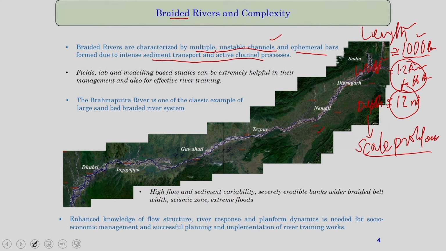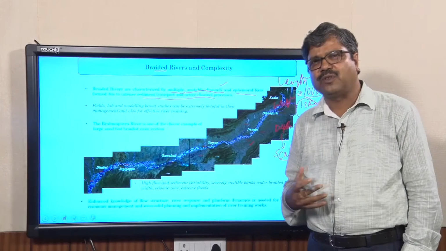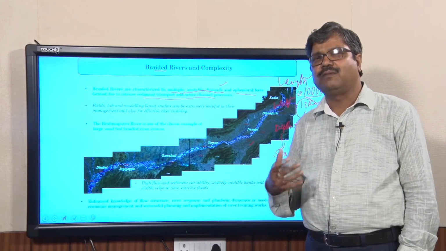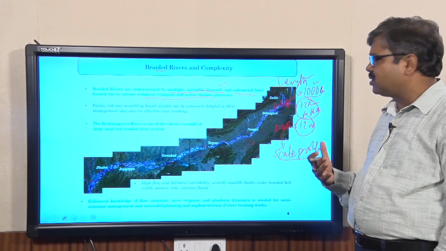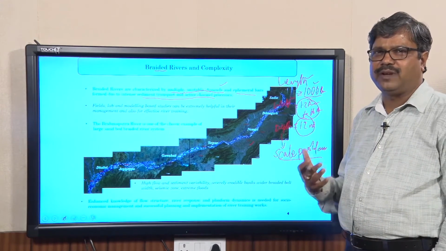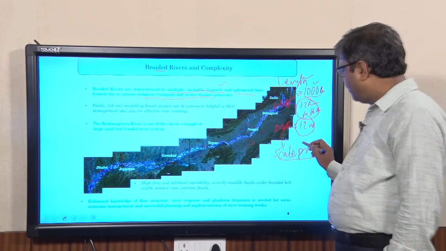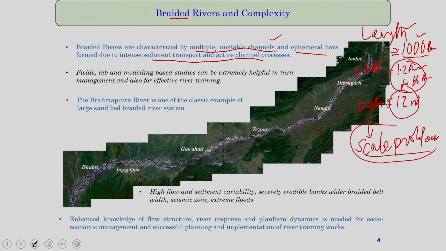That is the reason we need a lot of approximations to solve these river problems. It is not a simple computational fluid dynamics problem, and the major issue is the scale problem because of length, width and depth.